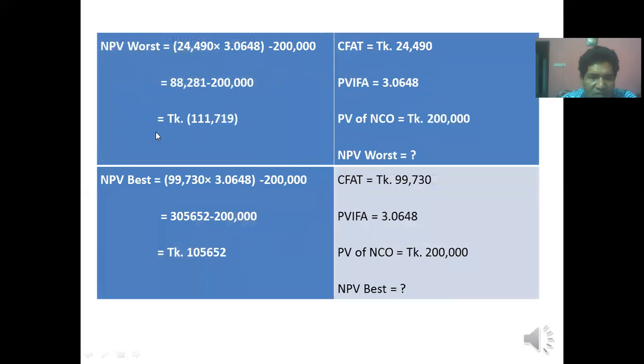It is a minus figure, minus 111,719. Best. What is the NPV in best situation? CFAT 99,730, PVIFA 3.0648, PV of NCO, net cash outlay or investment, 200,000. So NPV in best condition 105,652.